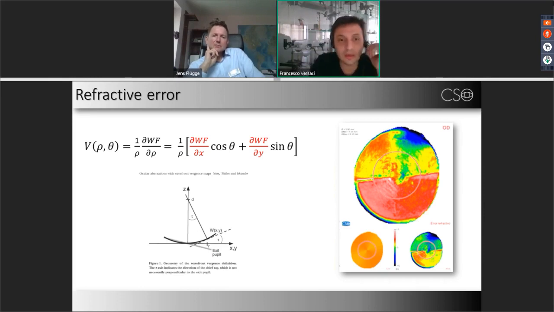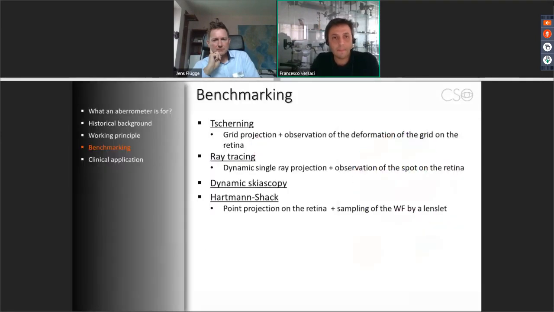We have just seen that our wavefront sensor is basically able to measure such derivatives, and so we could say that the first output of our device is the refractive error of the wavefront.